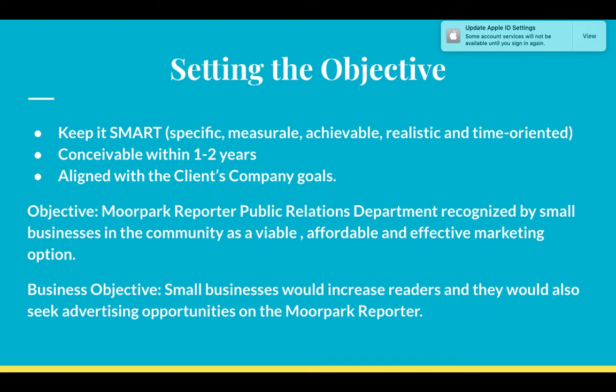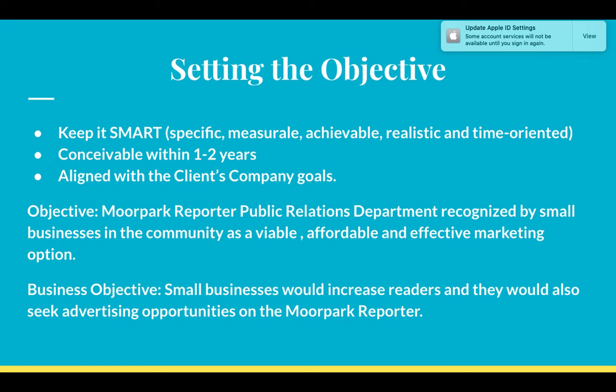So, the first thing you want to do is set the objective. We want to keep it SMART, which is specific, measurable, achievable, realistic, and time oriented. You want it to be conceivable within 1 to 2 years and also aligned with the client's company goals. An objective is something that is tangible, a real reality for your client.